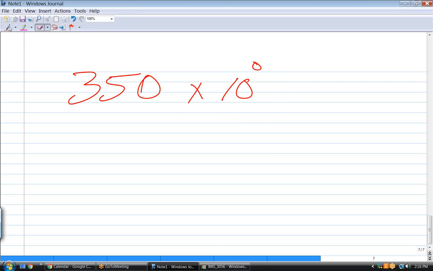So in scientific notation, what would this be? That would be 3.5 times 10 to the second. Correct. Because the decimal point had to go 1, 2 spots. So decimal point moving left, add. Decimal point moving right, subtract. Okay.